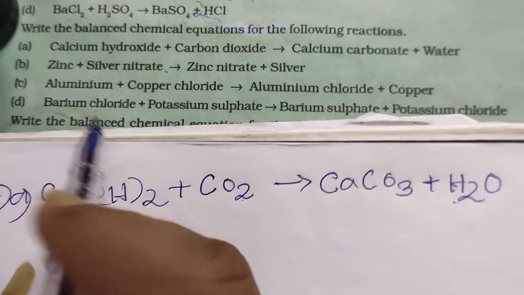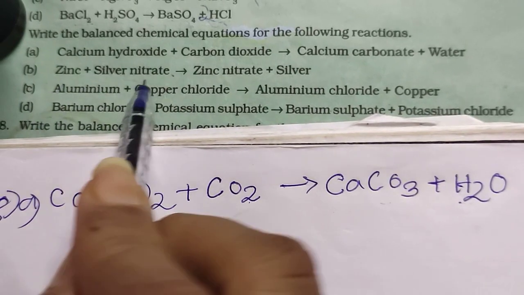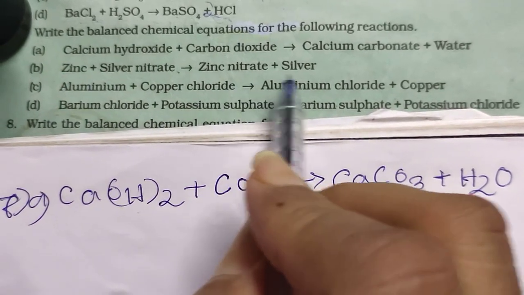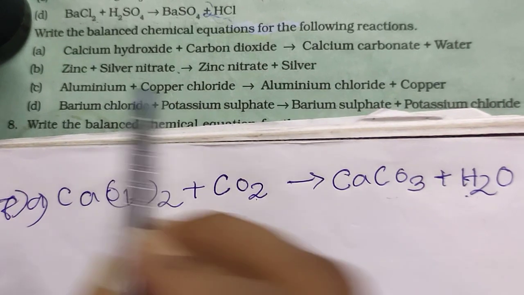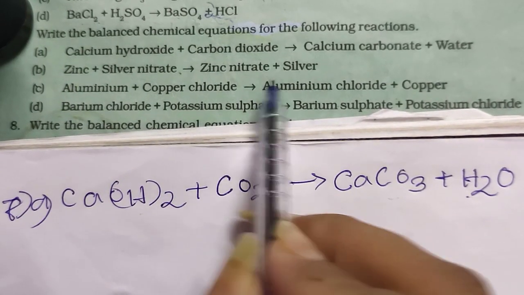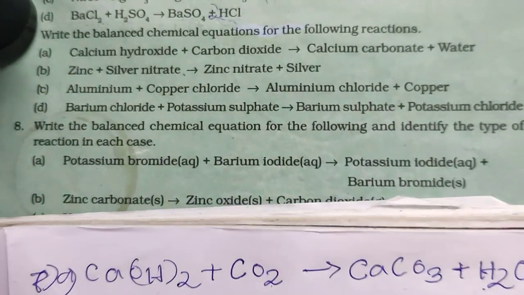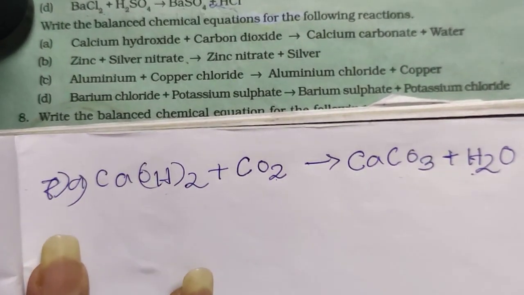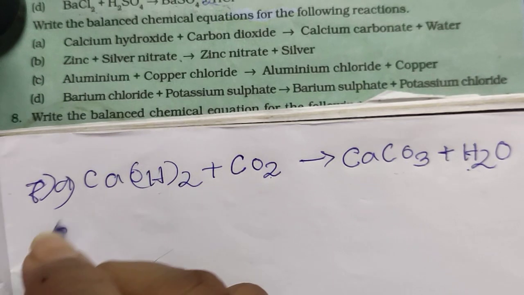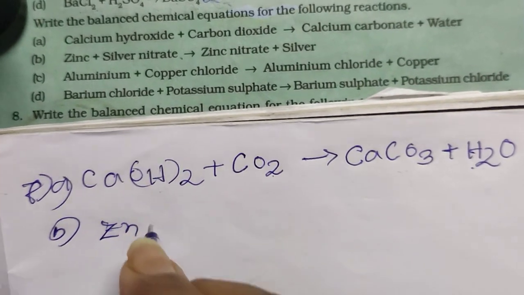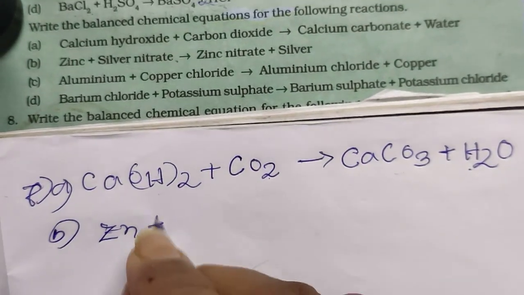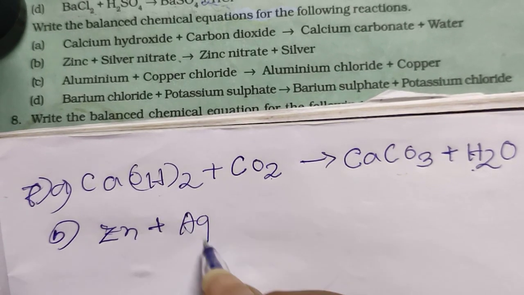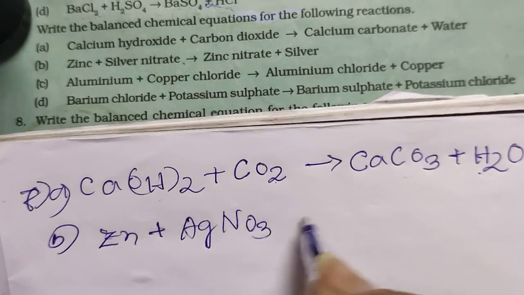You see zinc plus silver nitrate, which will form zinc nitrate plus silver. So next you see zinc, Zn, plus silver nitrate, AgNO3.